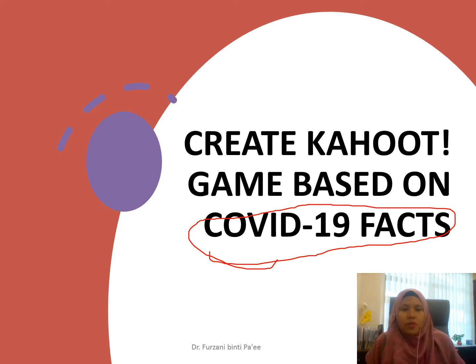For example, link 1 for 50 people, link 2 for 50 people. I don't know if there is a maximum number of links I can create, but if I can create up to 10 links, and each link can accommodate up to 50 people, then 500 people can play it.